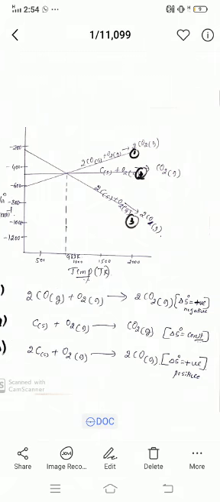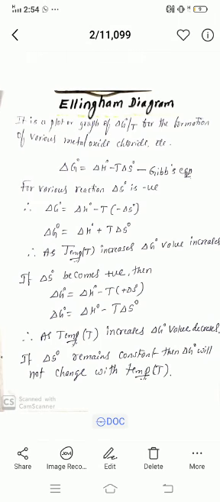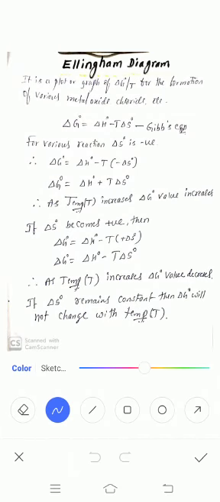So that is what I have explained about the Ellingham diagram using the Gibbs-Helmholtz equation. Conditions you have to see: what happens when delta S naught is negative, what happens when it is positive, and what happens if delta S remains constant, which you understood using carbon monoxide and carbon dioxide formations.